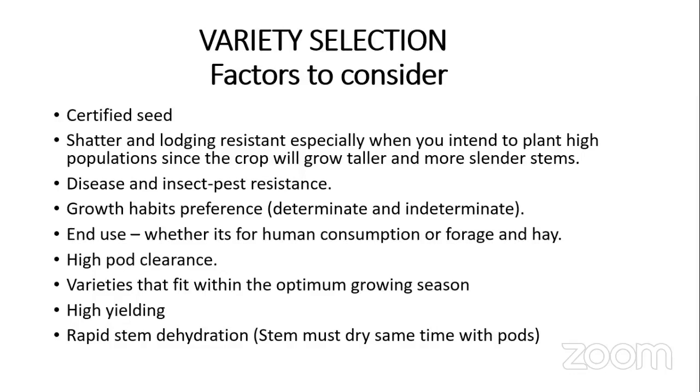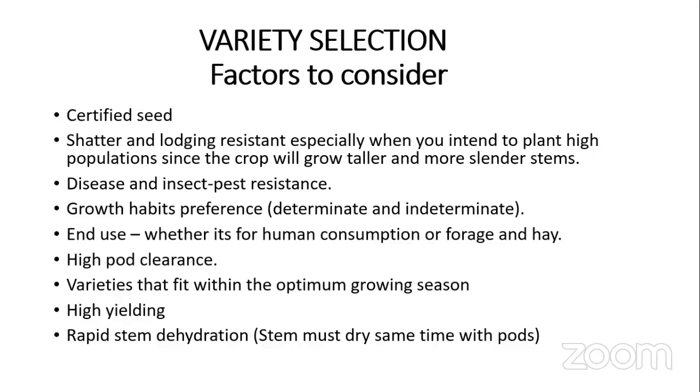And then we move on to the aspect of disease and insect pest resistance. When you choose your variety, you should also look at the attributes of the variety. I'm sure all the seed companies provide this information in terms of the tolerance or resistance to certain diseases and insects. I don't want to dwell much on the various varieties or cultivars that we have, but the information is always at your disposal.